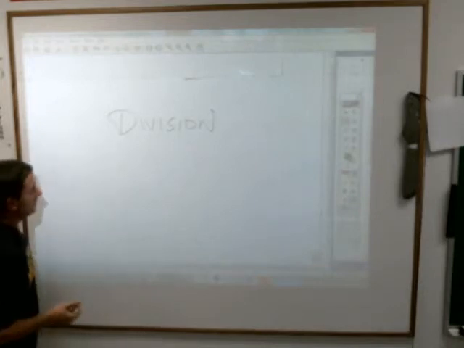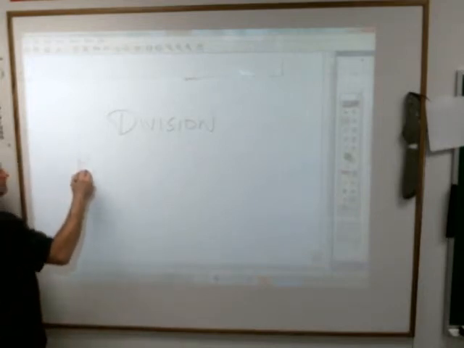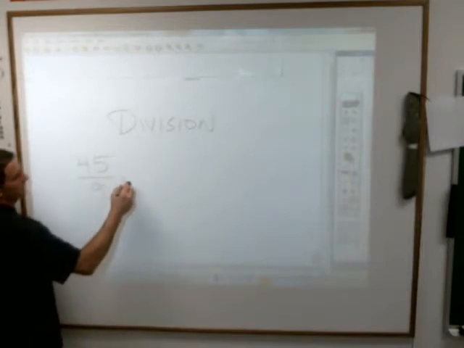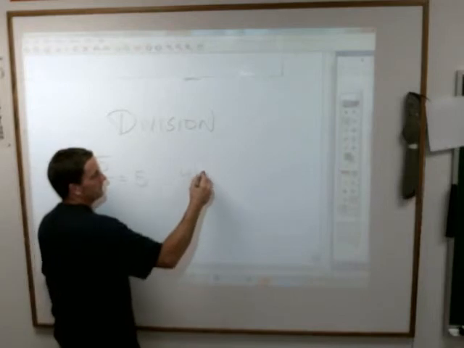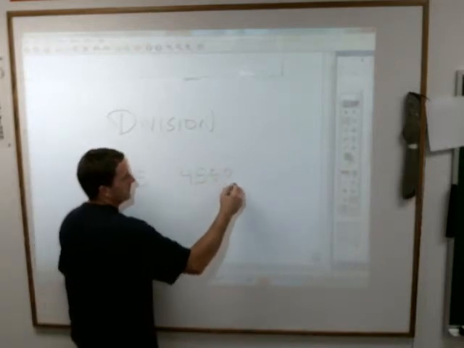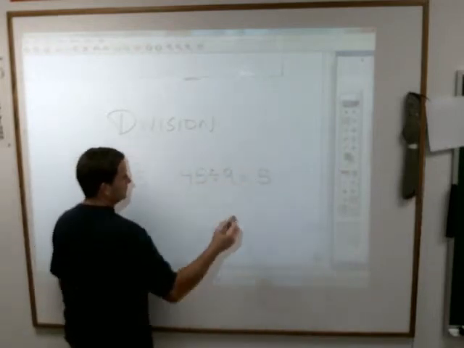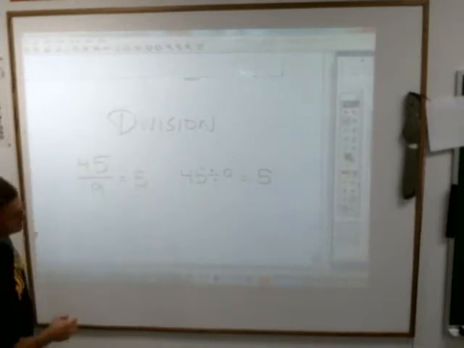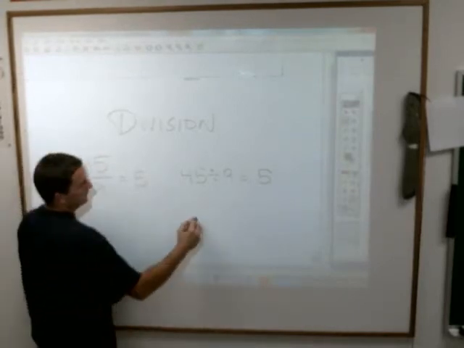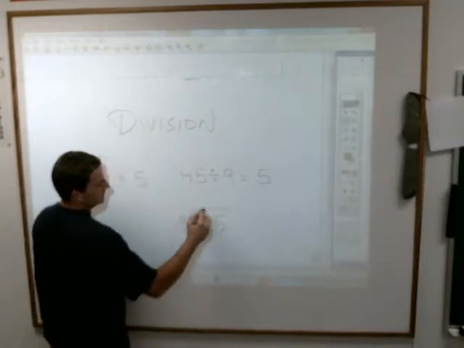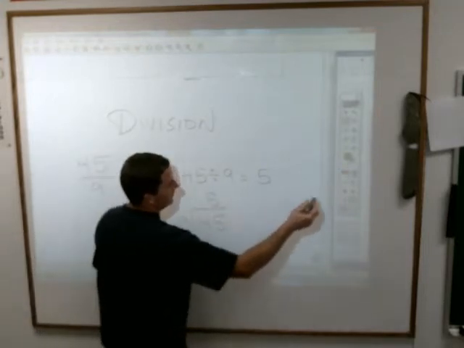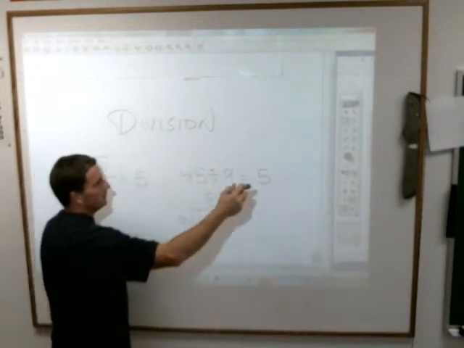Division gets a little goofy because you could write it like this: 45 divided by 9 is 5. Or you could write it like this. Or like this. Three different ways you can write division, they all mean the same thing.